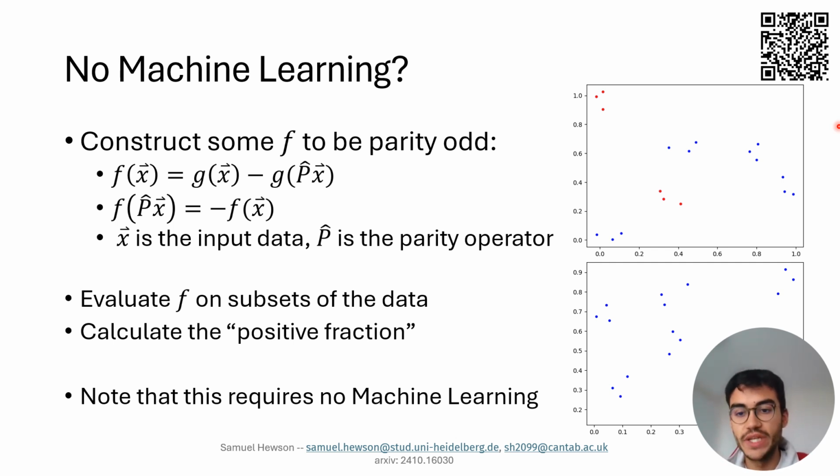For this to work, we need a good choice of g. If I choose an arbitrary g, I won't correctly encapsulate the parity violation of a system, and therefore I would just get a 50% output, which isn't very helpful. If I know my system, so for example over here we see parity violation in the sense that we have these local groups of 3, and there are more of this type in blue than the red type.